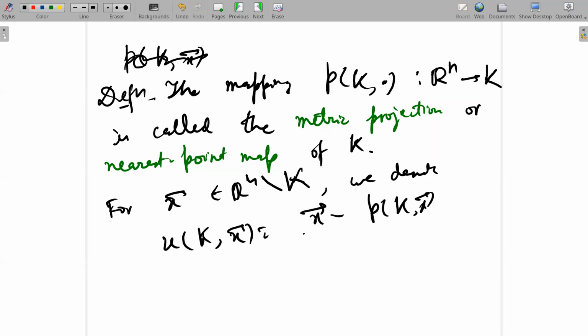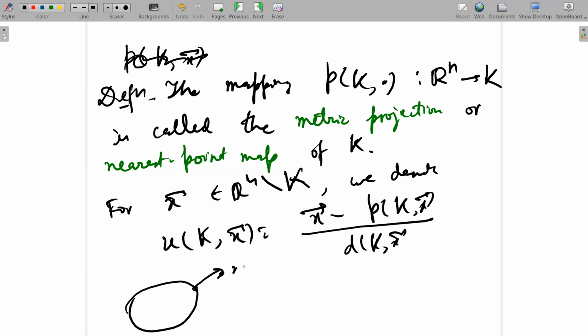So geometrically, we will see what this is trying to tell us. So you have this convex set K. Here is a point x. This is the closest point, P_K(x). So what is x minus P_K(x)? That is precisely this vector. And we are dividing by this distance to normalize it.